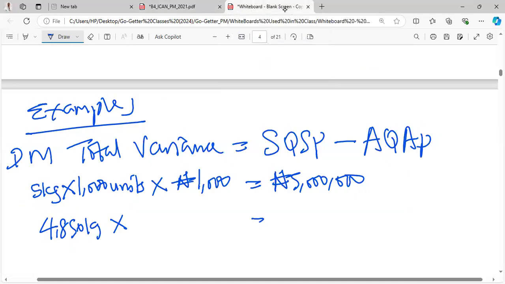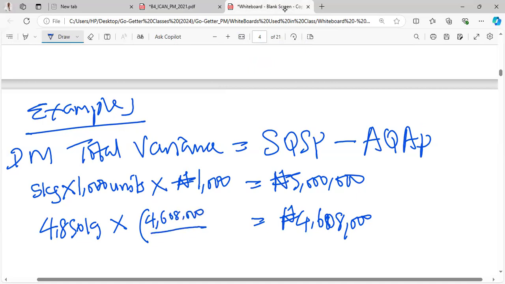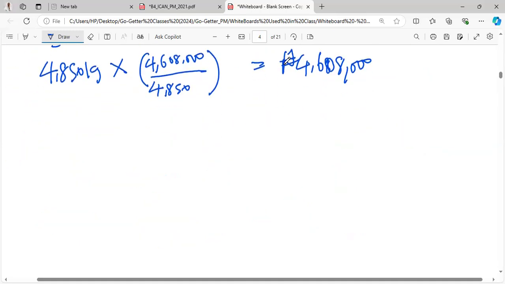So the whole total here is 4,608,000. If you want to know the price of one, all you need to do is 4,608,000 divided by 4,850. That will be the price. But you don't need to divide; you leave it like this. So what is the variance?